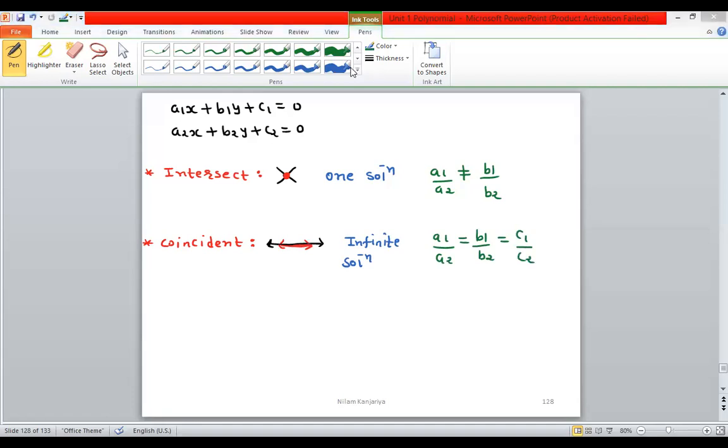And the last, parallel lines. Parallel means two lines not intersecting. This is your first line and this is your second line. So it has no solution.